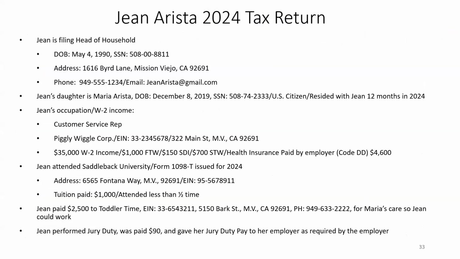And then a lot of times when people have a W-2 job, their employer will pay their health insurance for them. And that is the case here. And so Jean does have health insurance under the Affordable Care Act. And so what that means is she's good to go on her federal return and on her California return if we prepared one of them.